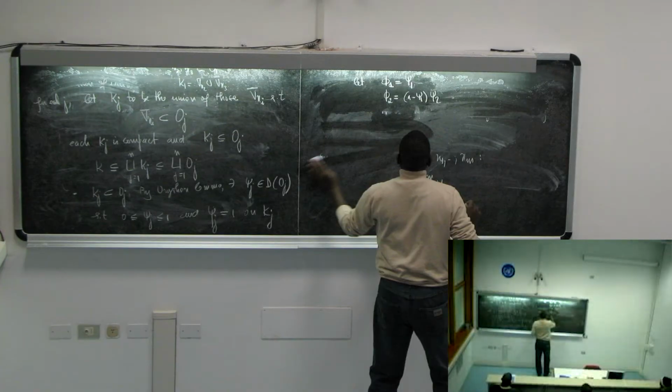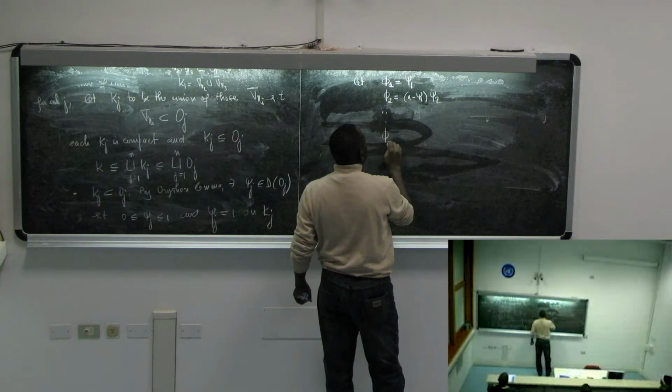And so on, until psi n. So we define phi n to be 1 minus psi 1, 1 minus psi 2, and so on, 1 minus psi n minus 1, and at the end we multiply by psi n.